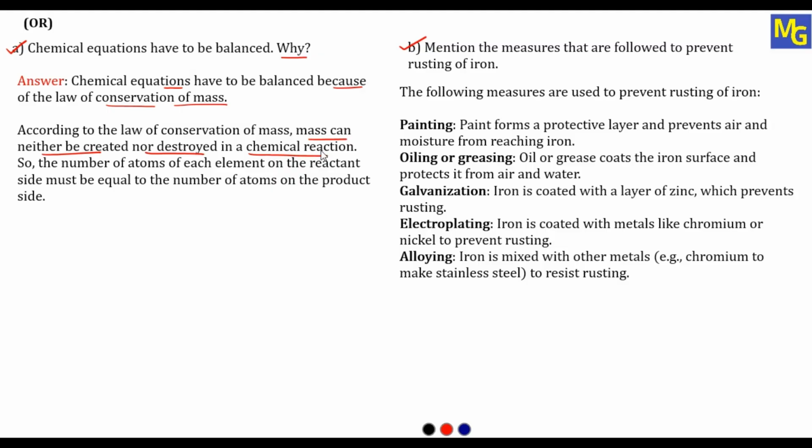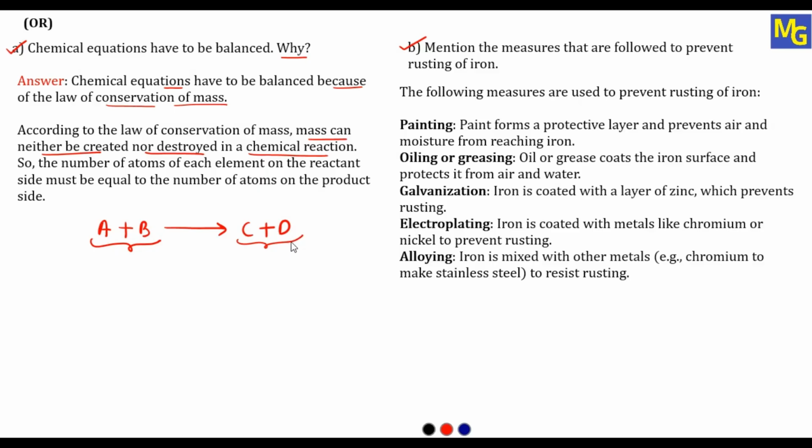See here, whenever you have any chemical, if it reacts to give another compound, for example, if A plus B is going to react and giving C plus D, the number of atoms present on the reactant side, the LHS side, should always be equal to the number of atoms present on the RHS side.